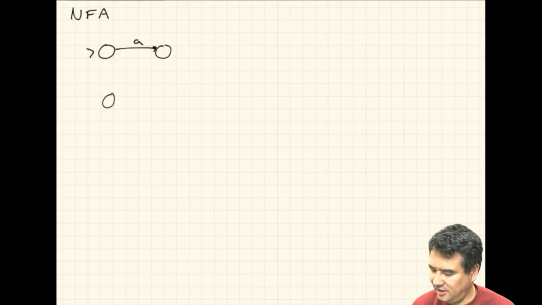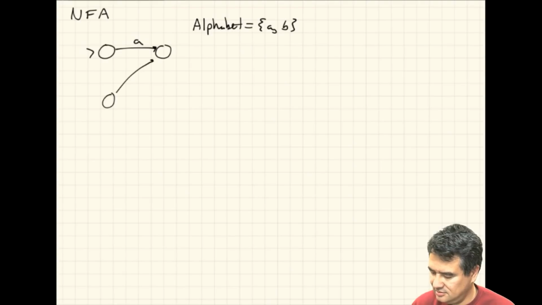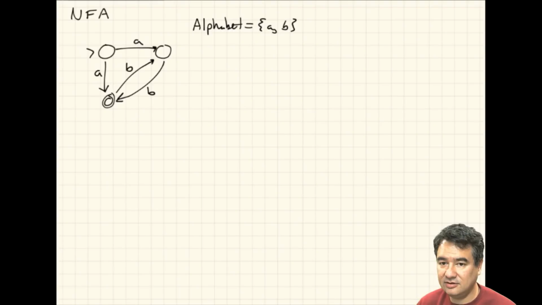Here's my alphabet: A, B. Let's just do A and B. Let's label this one A as well, and this one's labeled B, and this one's labeled B. And we'll do an accepting state down here, the bottom one.